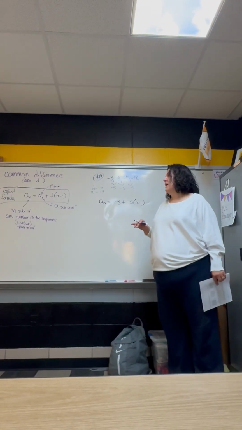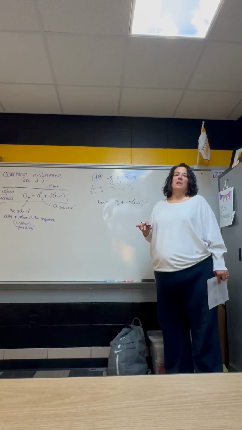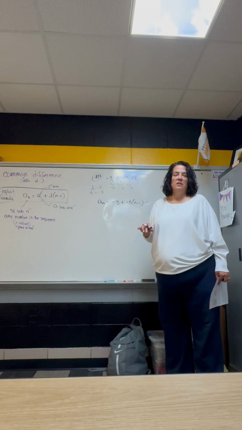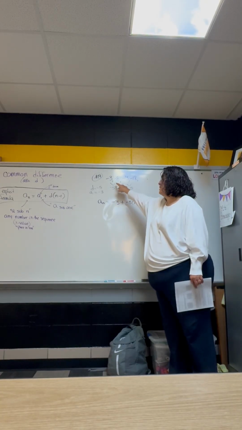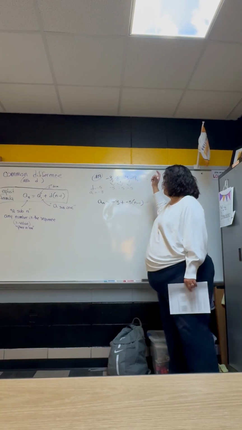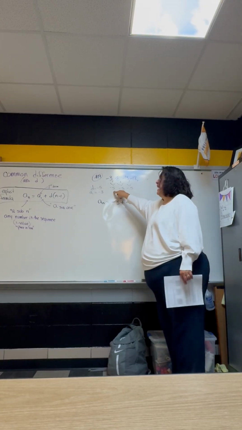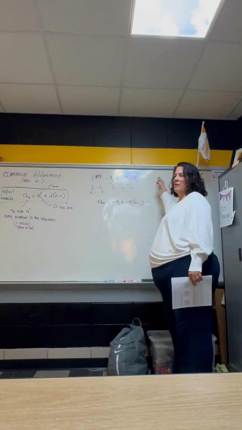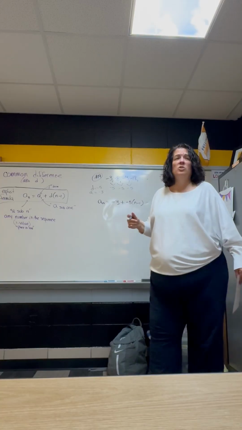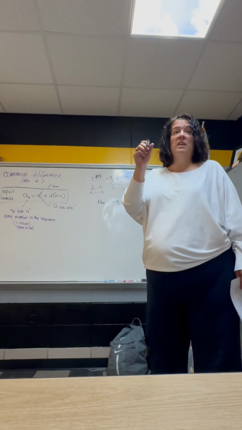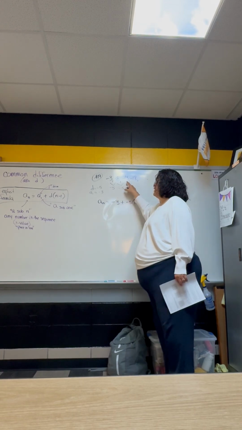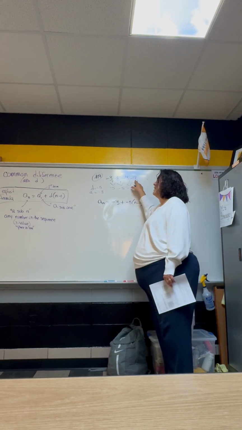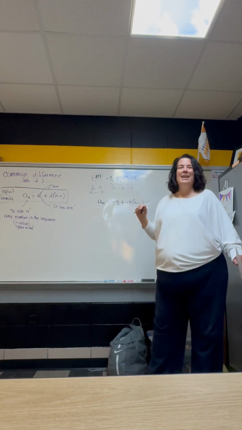What if I want to find the 11th term of the sequence? We could sit and subtract 5 each time all the way out to 11. But what if I wanted 111? Do I want to sit and take negative 3 minus 5, negative 8 minus 5, negative 13 minus 5, negative 18 minus 5, 111 times?